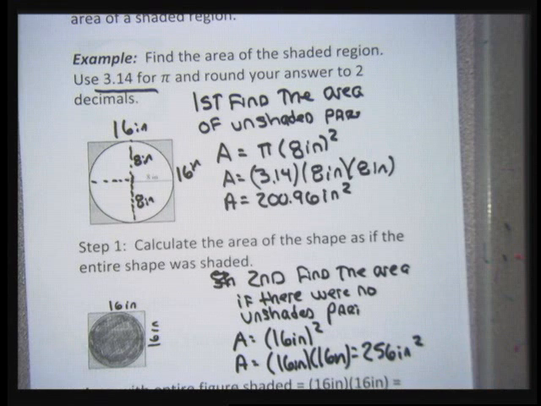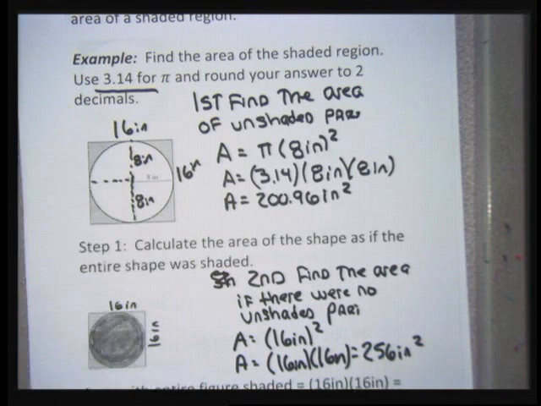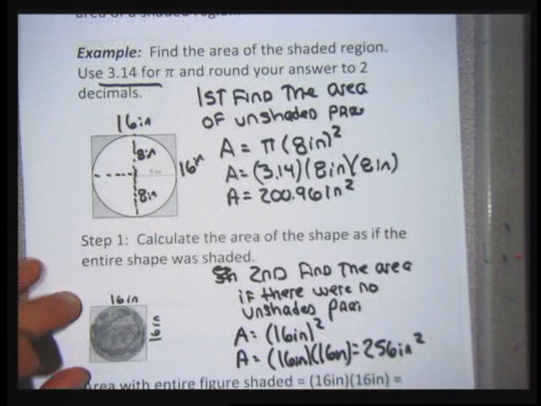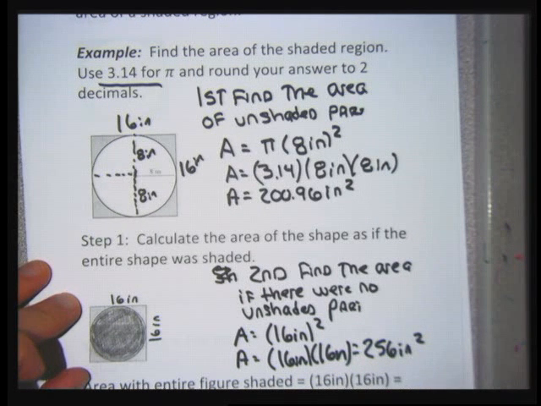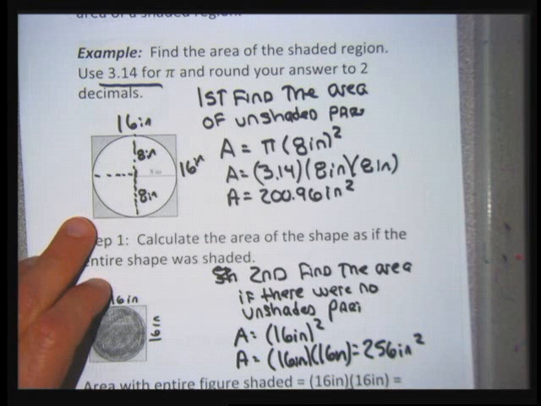And then I'm almost done. The shaded area is going to be the difference between the area if the whole thing's shaded in minus the unshaded region. So my answer is just the difference of these two. The area if the whole thing was shaded in, which is 256 square inches, minus the area that wasn't shaded, 200.96 inches squared, and that difference is the shaded area.